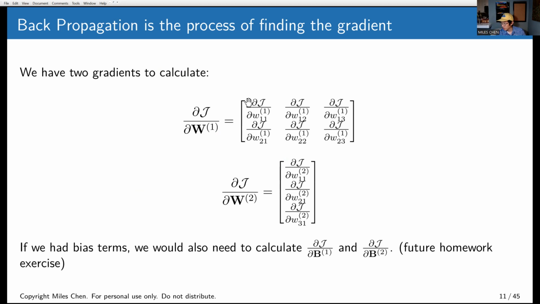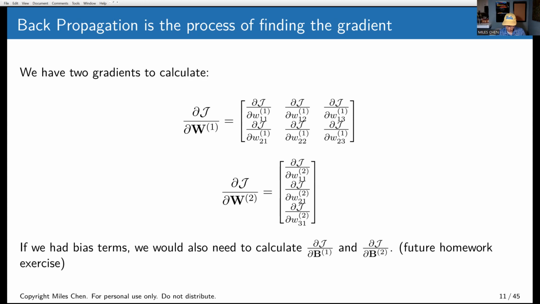Okay, so this is what we're going for, and same thing with our second weight matrix. If we had bias terms, we would also have to find the gradient of J with respect to our first bias matrix and the gradient of J with respect to our second bias matrix, okay?